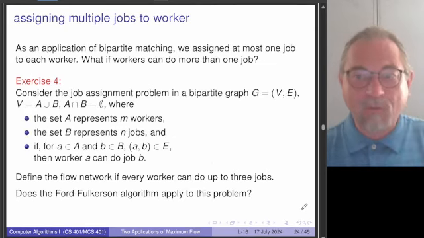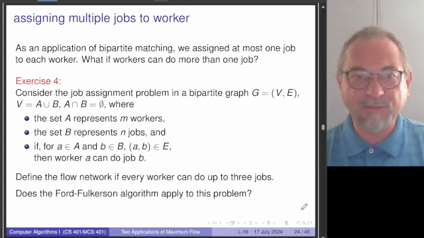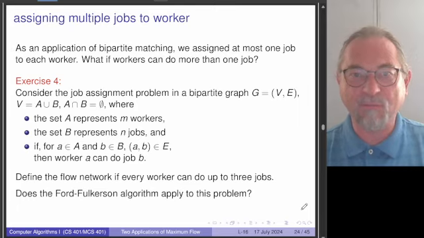Okay, one last exercise, thinking about this problem. In most cases, you can assign more than one job to each worker. So what if the workers can do more than one job?